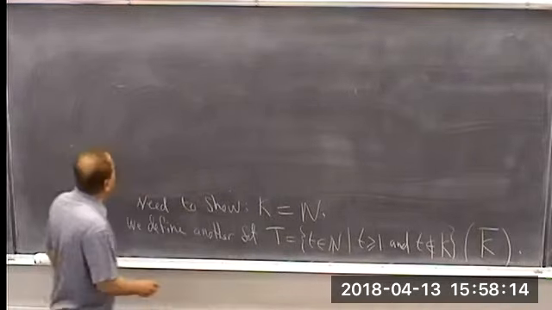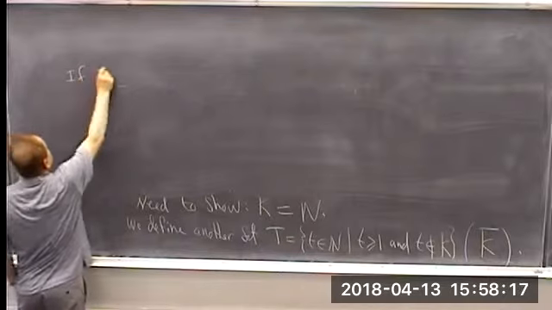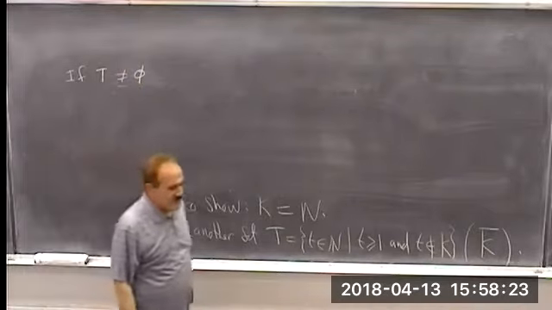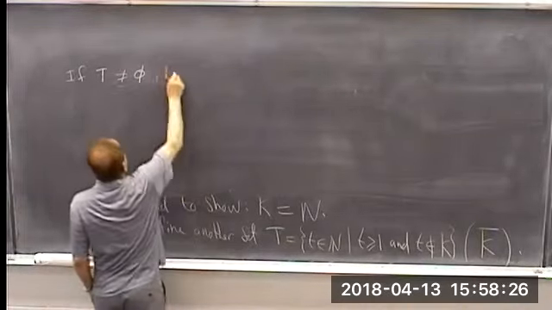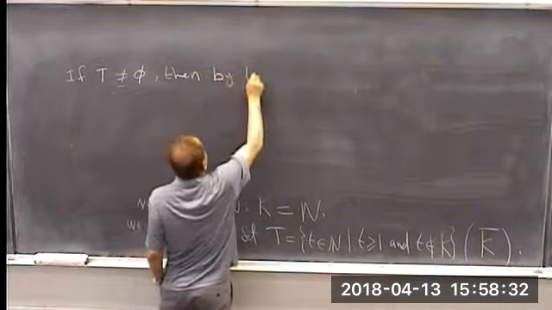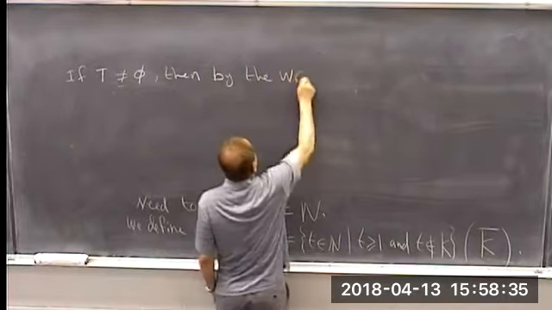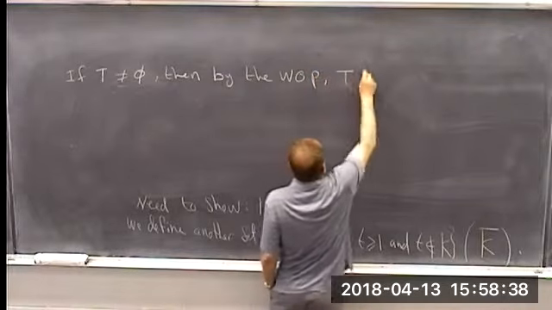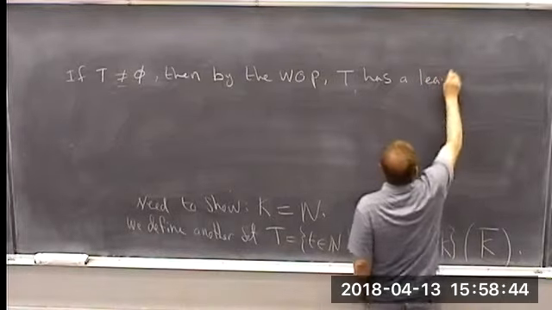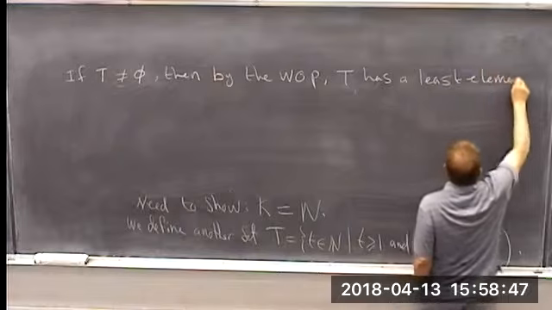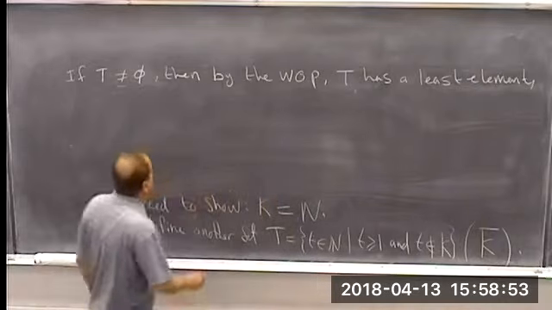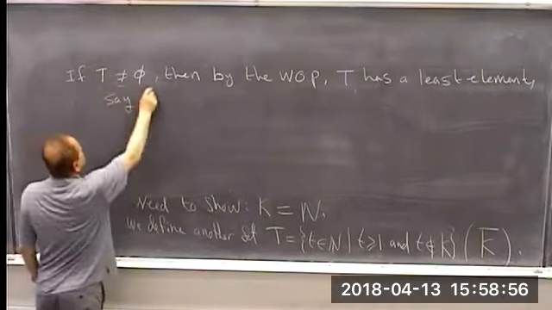Now let's assume T is not empty. Then, by the well-ordering principle, because we are assuming it's true, T has a least element, or smallest element, and we can call this element T sub 0.